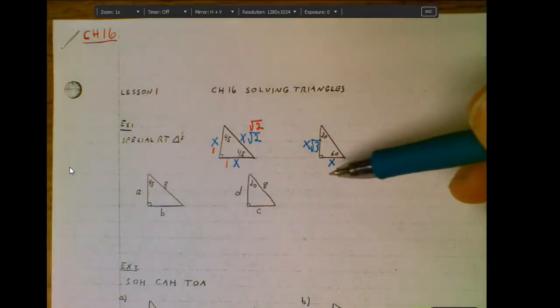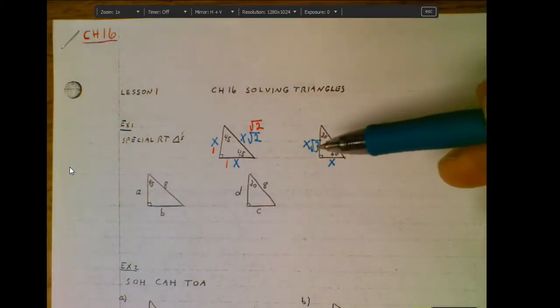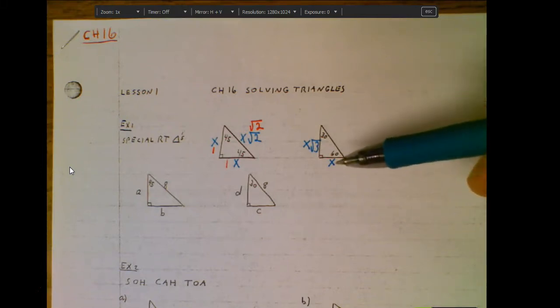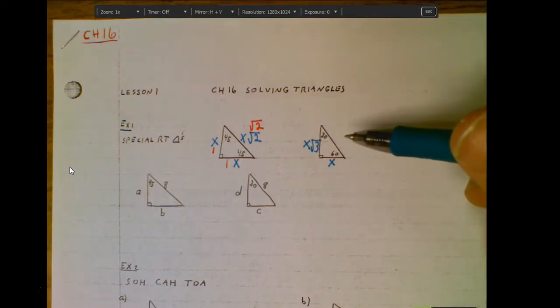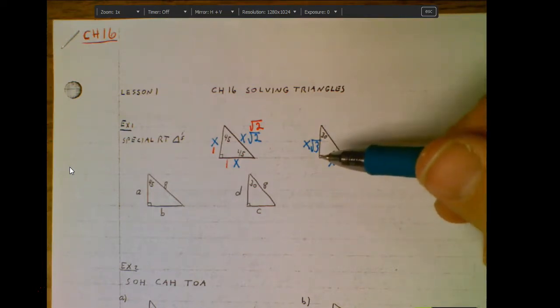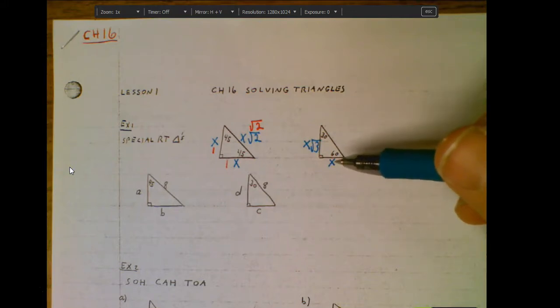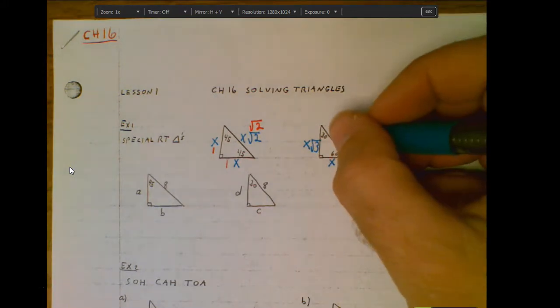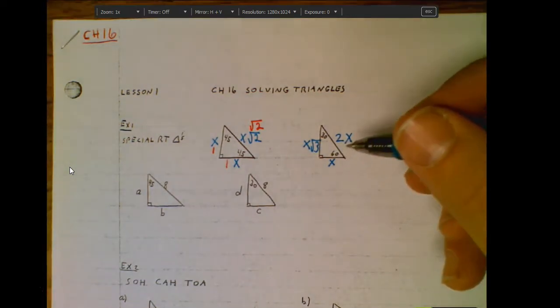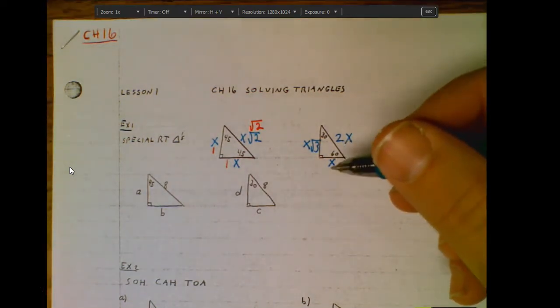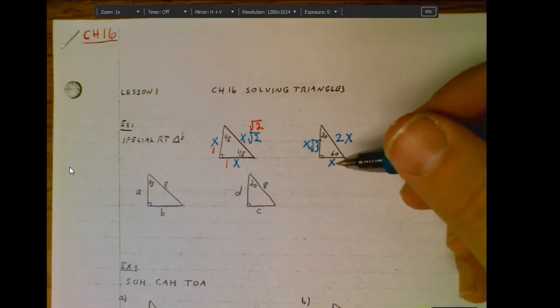That's how we get from short leg to long leg. If you know your long leg and you want to go the other direction, then we divide by the square root of 3. The hypotenuse is always across from the right angle. From short leg to hypotenuse, we just double the short leg, so we multiply by 2. That means that if you want to go from hypotenuse to short leg, you just divide by 2.